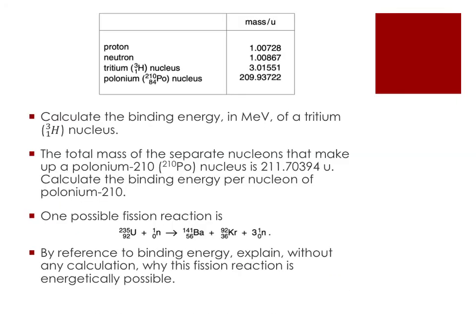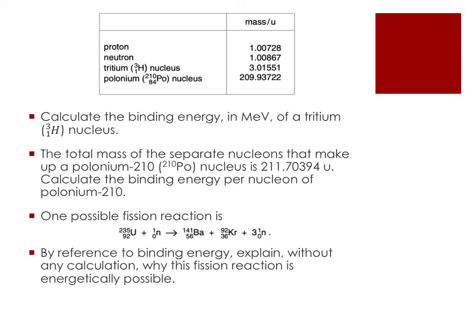Okay, so here's another chart here, and let's do some other sample calculations. First of all, calculate the binding energy in mega electron volts of a tritium, which is 3,1 hydrogen nucleus. So that would be 2 neutrons and 1 proton.